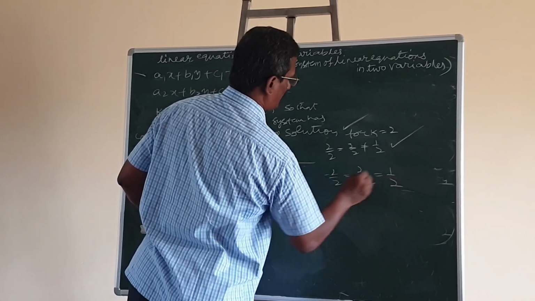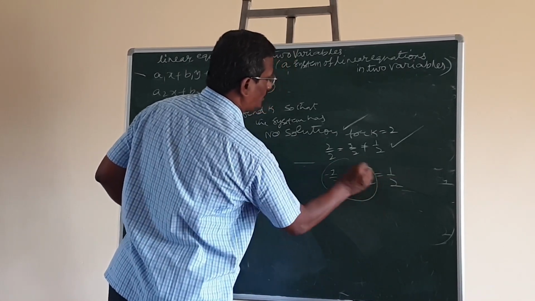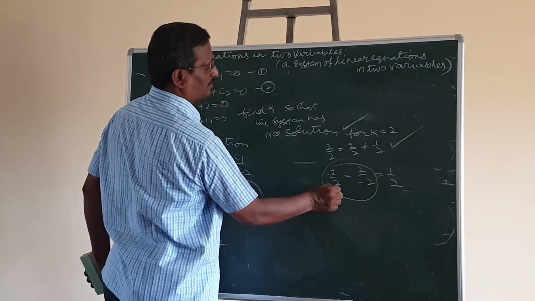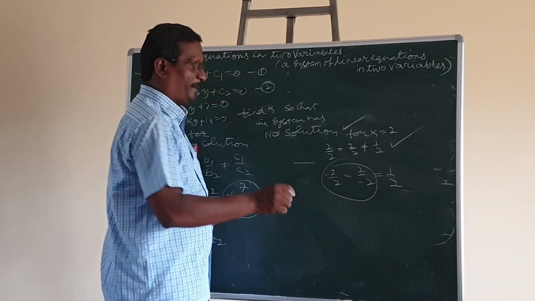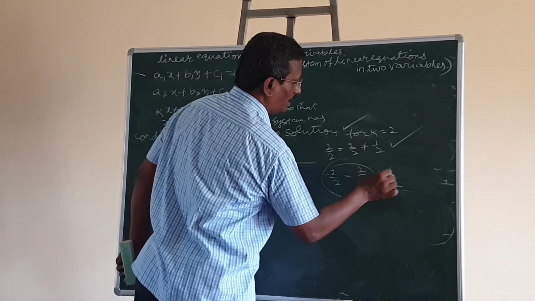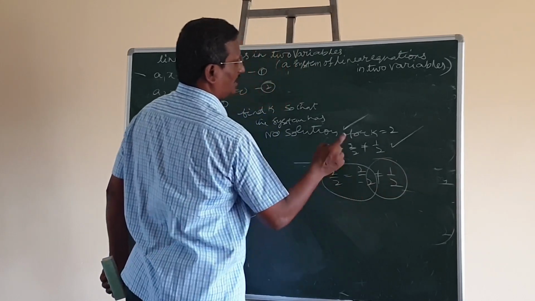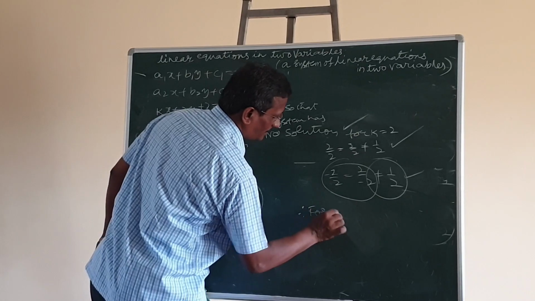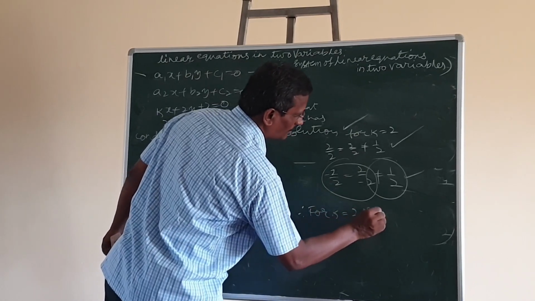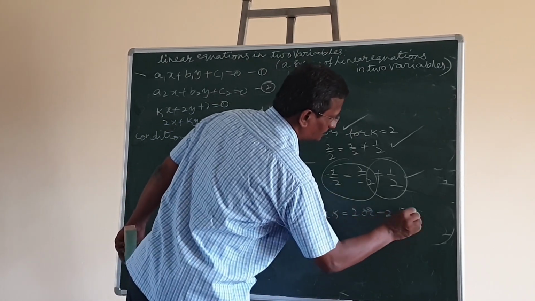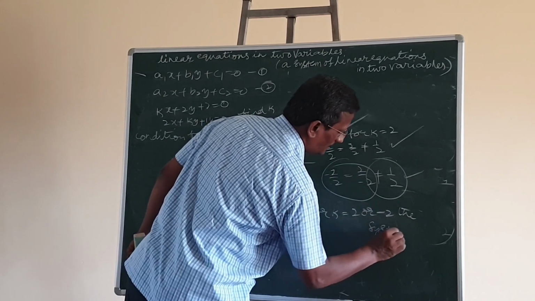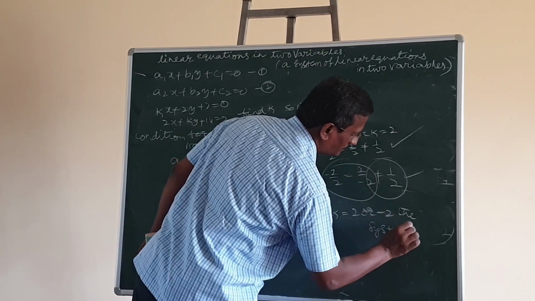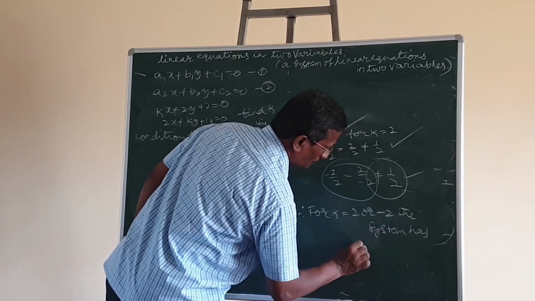Minus 2 by 2 is minus 1, 2 by minus 2 is also minus 1, these two are equal, but this is not equal, therefore this is also satisfied. Therefore, for k is equal to 2 or minus 2, the system has no solution.